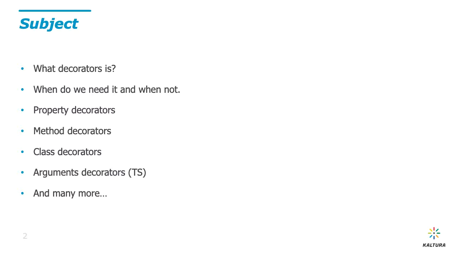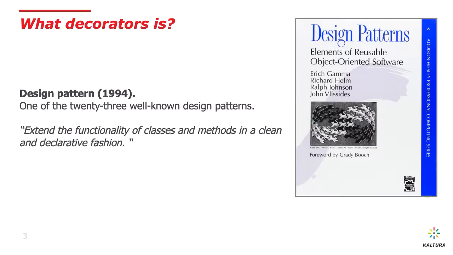So let's see. First of all, what is a decorator? It's a design pattern, described in the book back in 1994. One of the most well-known 23 design patterns. The explanation is pretty simple: to extend the functionality of classes and methods in a clean and declarative fashion.